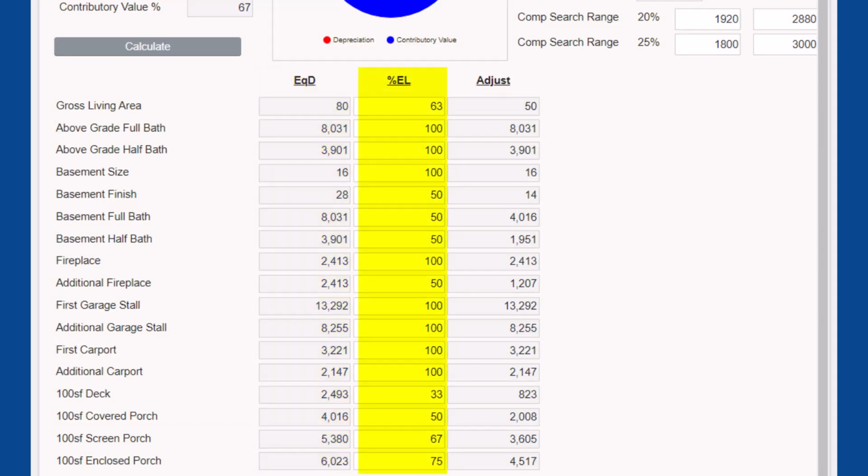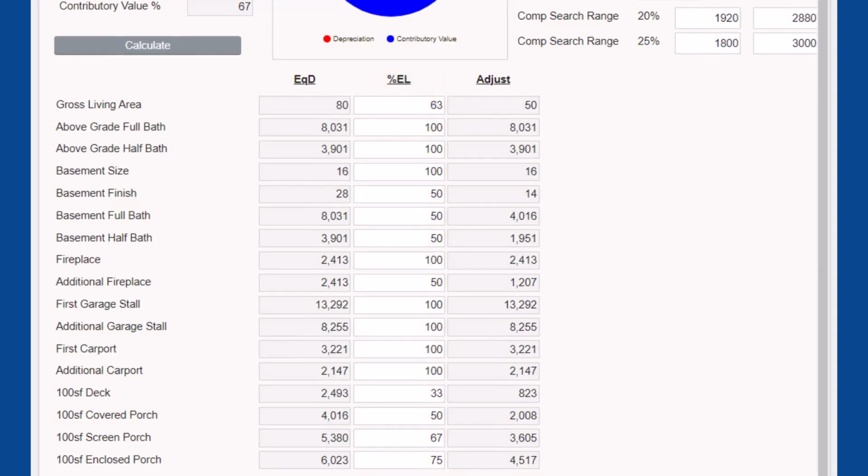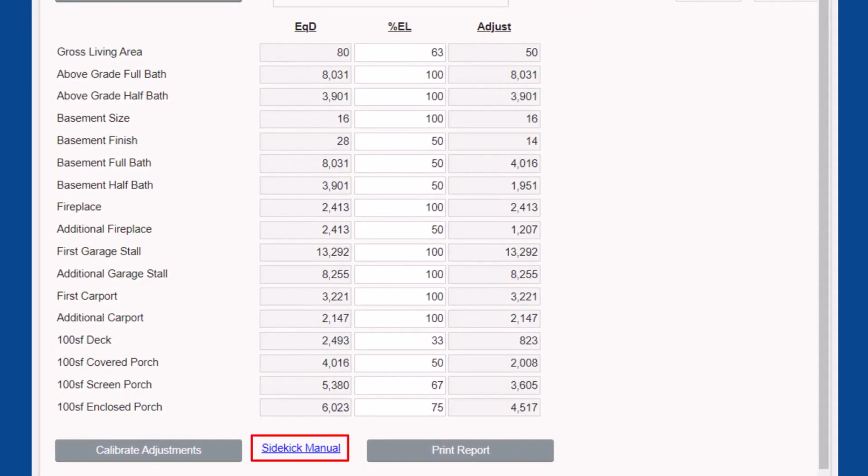The center column, labeled %EL, allows the appraiser to account for faster depreciation due to lower economic life of some components. This is explained in more depth in the section about Solomon cost. The percentages that autofill have been found to be a good starting point in my market. These percentages can be edited by the user. See more detail through the Sidekick manual link.